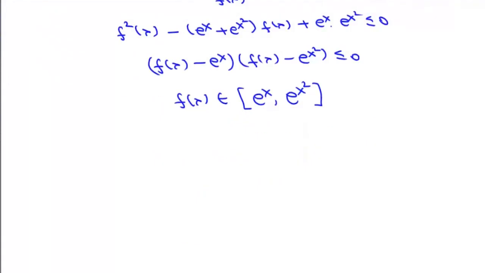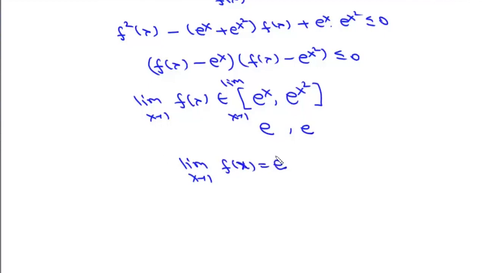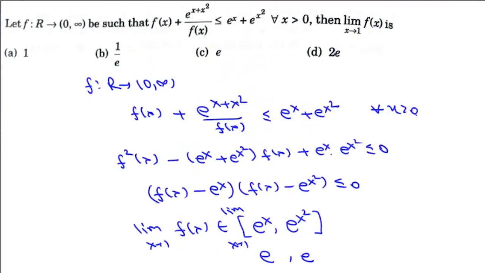Now whatever may be the order, if we take this limit x tends to 1, this limit is e and this limit is also e, then from the sandwich theorem we can say this limit as x tends to 1 of f(x) is e, and that's your option C.